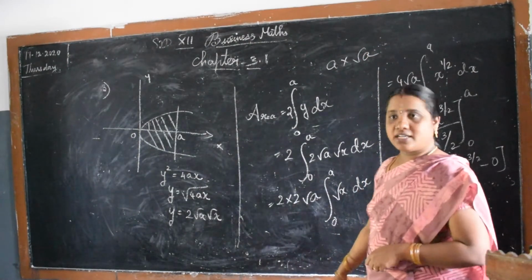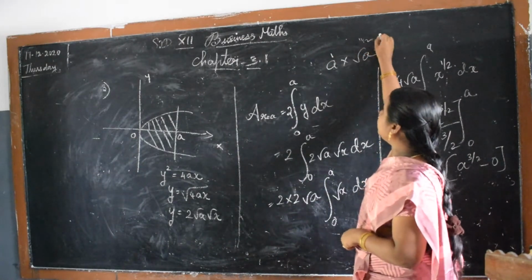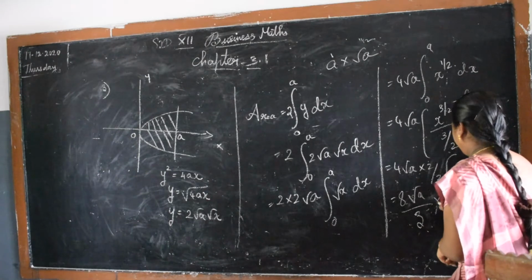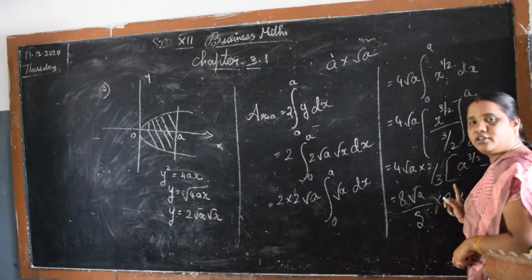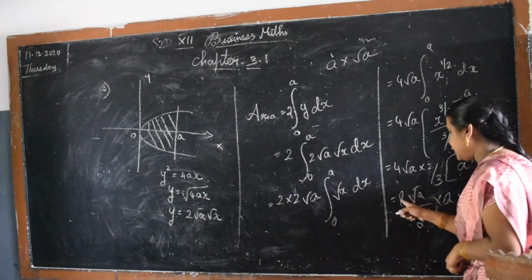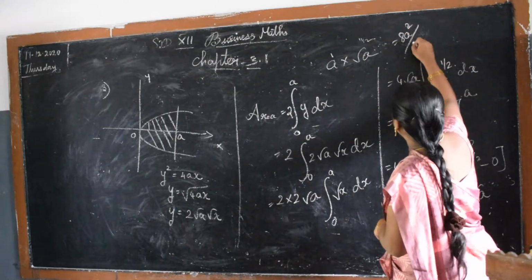Have you understood, children? See, by the product rule, a power 1 and a power 1 by 2, when you add, you will get 3 by 2. So this one you can write as a into root a. Now what is root a into root a? That is a. So a into a is a square. So our answer is 8a square by 3.